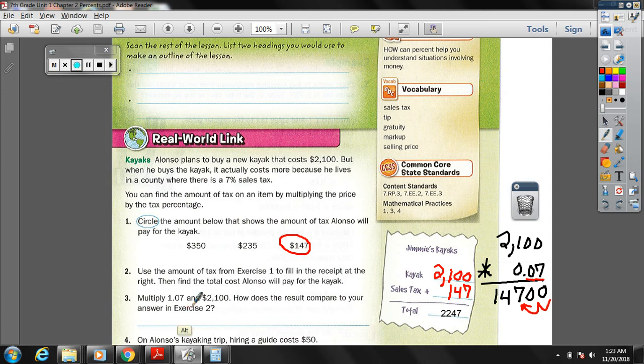We now move on to part 3. It says to multiply these two values. Okay, well let's do this. So we have 2,100 and we multiply by 1.07. When we do that, we're going to get very similar results to what we had before.